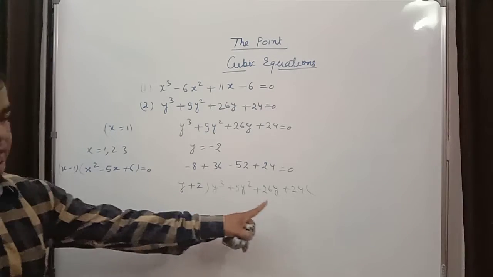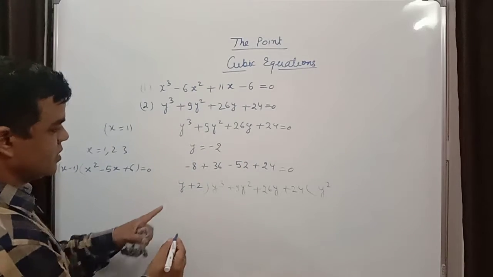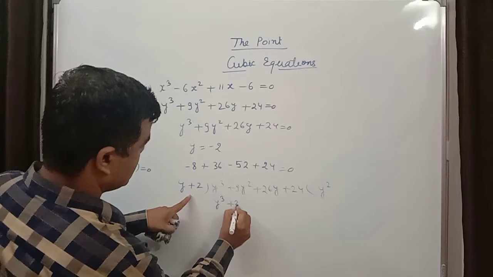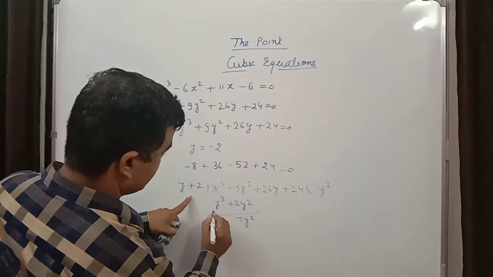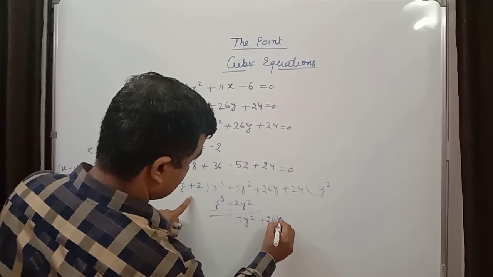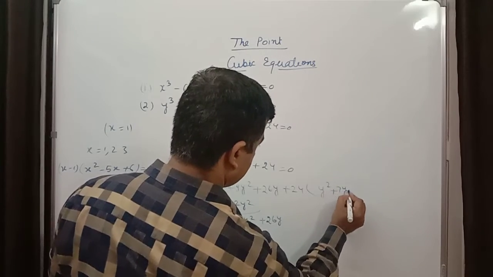So first I have to take y square. Okay. So y square I have taken. So here will become y cube plus 2y square, subtract, 7y square here it will come, then plus 26y. Now I have to take 7y.